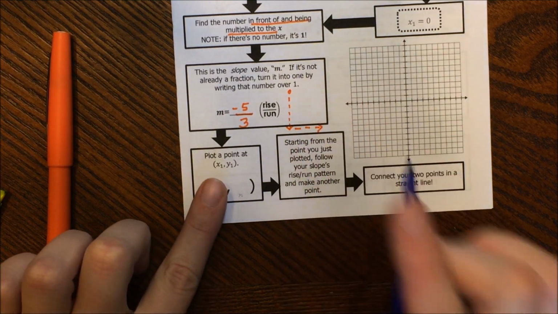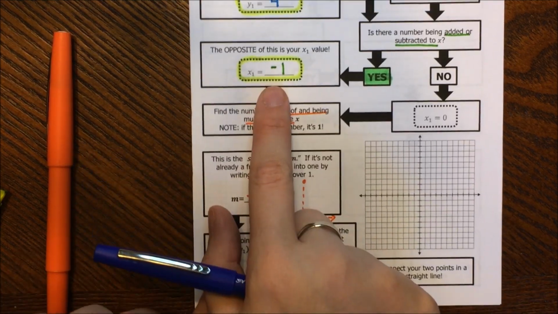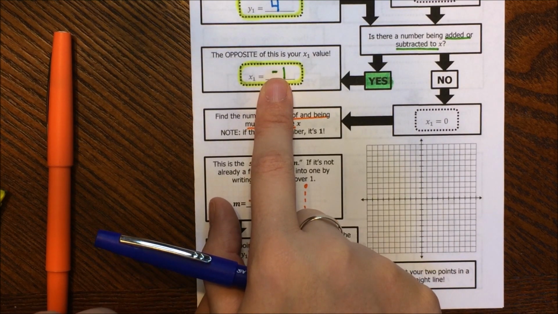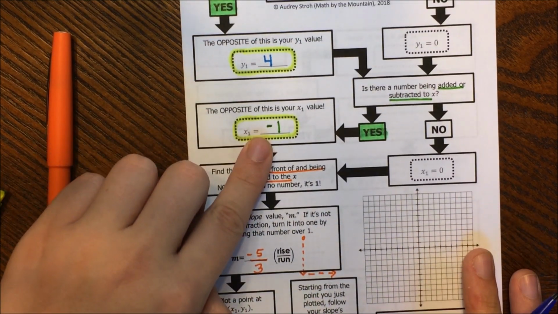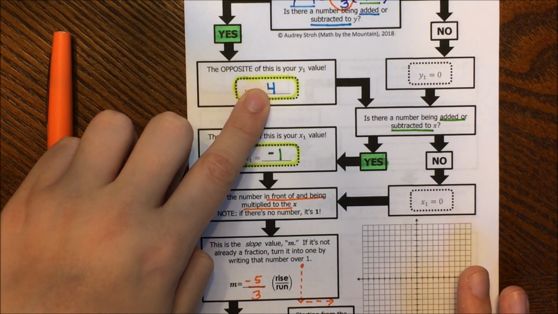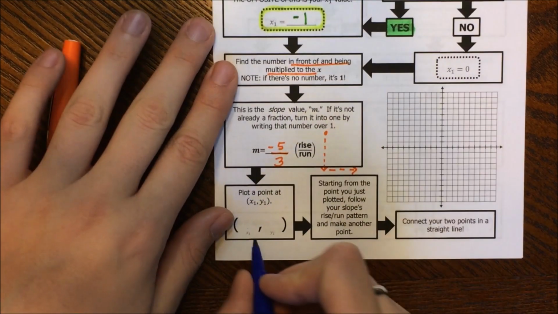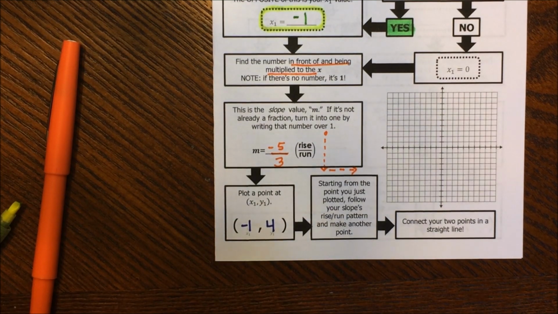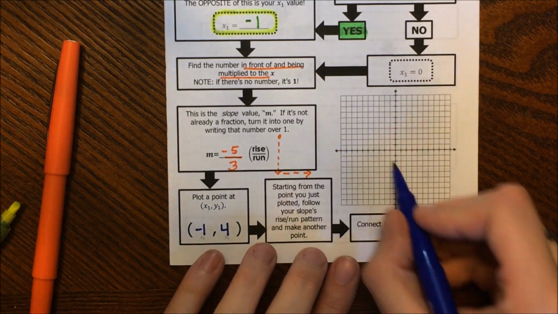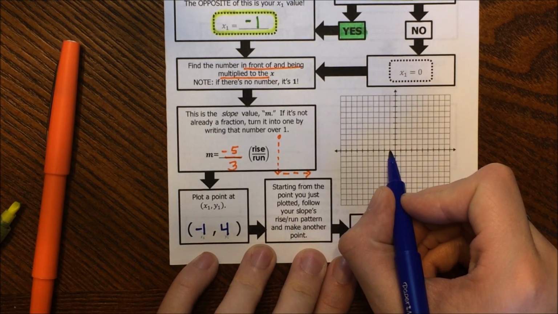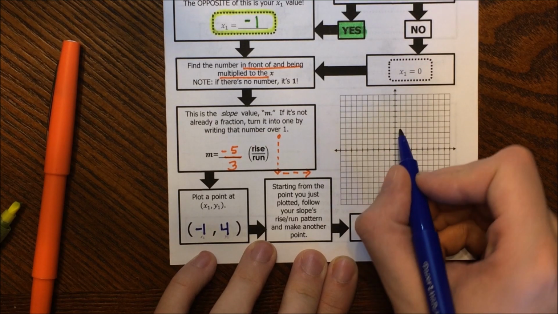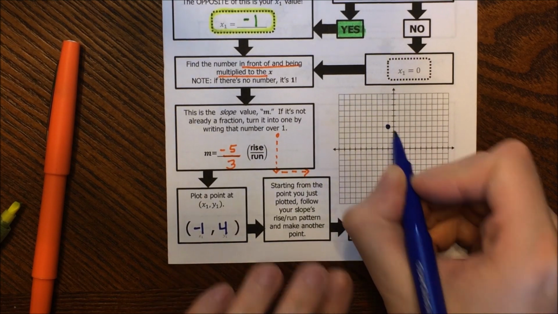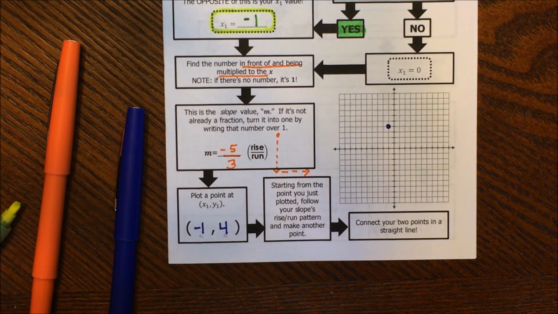So searching back up top, our x1 value was negative 1, and our y1 value was 4. So negative 1 comma 4 is where we're going to plot a point. So going to my graph, starting at the center, we're going to go 1 space back, and then 1, 2, 3, 4 spaces up.